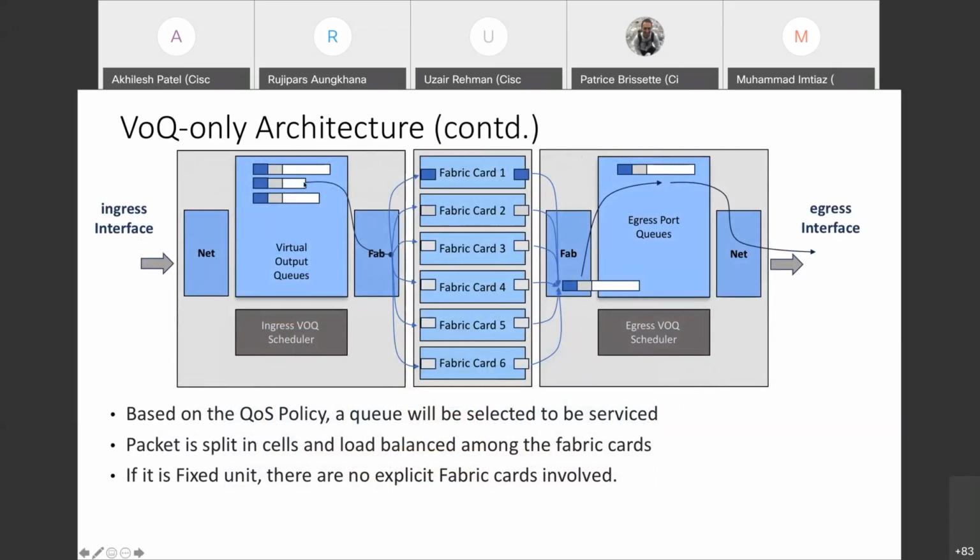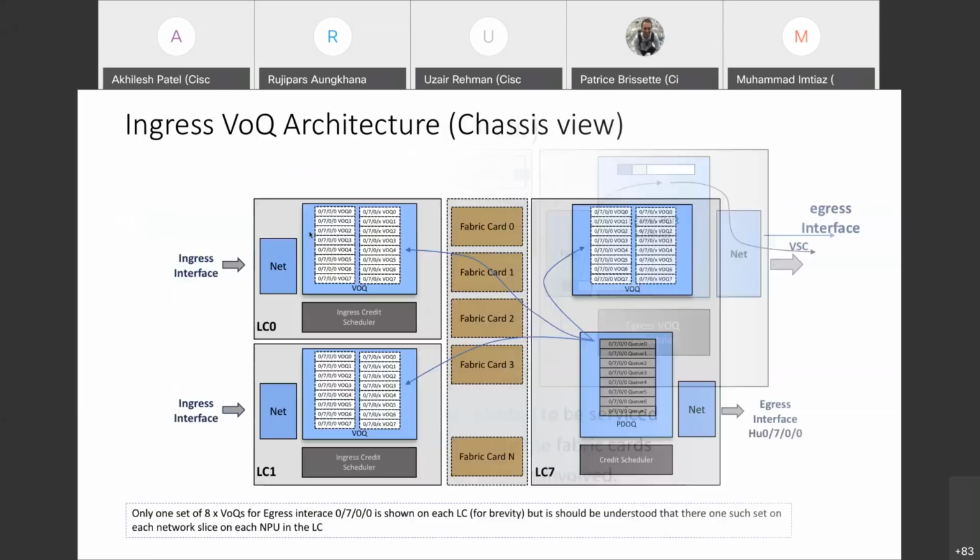Once credits are assigned based on the policy, a queue will be selected to be served. So if we have a priority queue, it needs to be drained first, and then for the normal priority queues, which we call PN or NP, credit will be distributed equally, or it can be based on the weight as well. And again, we'll talk about how that works out if we have different weights.